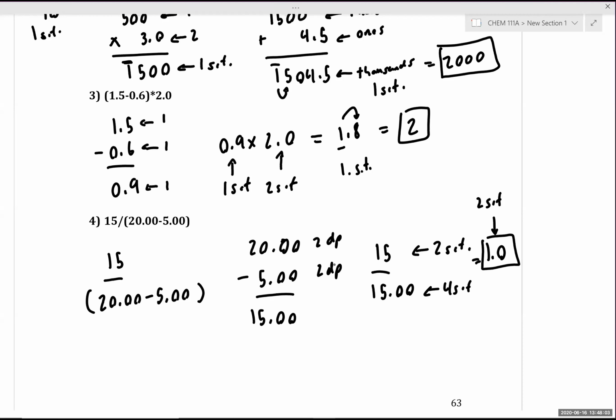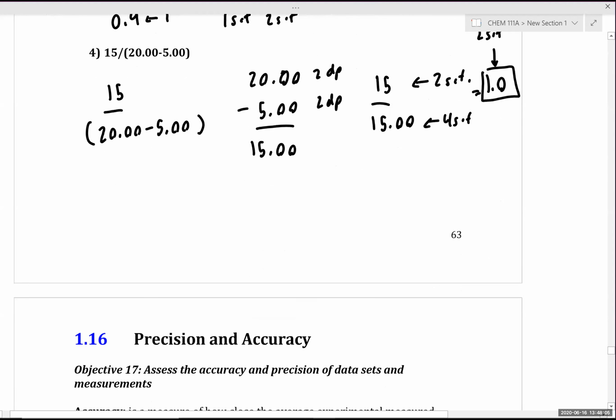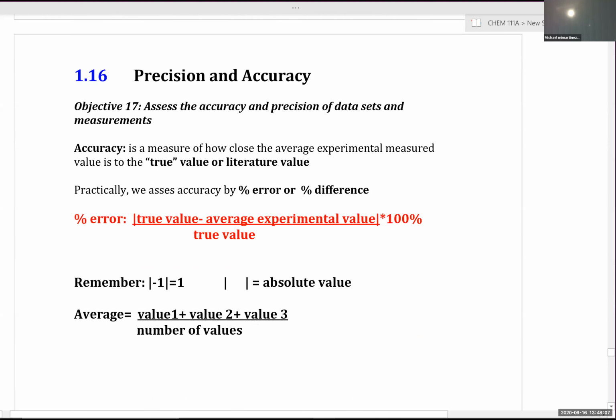Yeah. Perfect. So let's talk next about ways that we can talk about data. So there are 2 major ways to talk about data: precision and accuracy. Accuracy, quite simply, is a measure of how close the average experimental measured value is to the true or literature value.